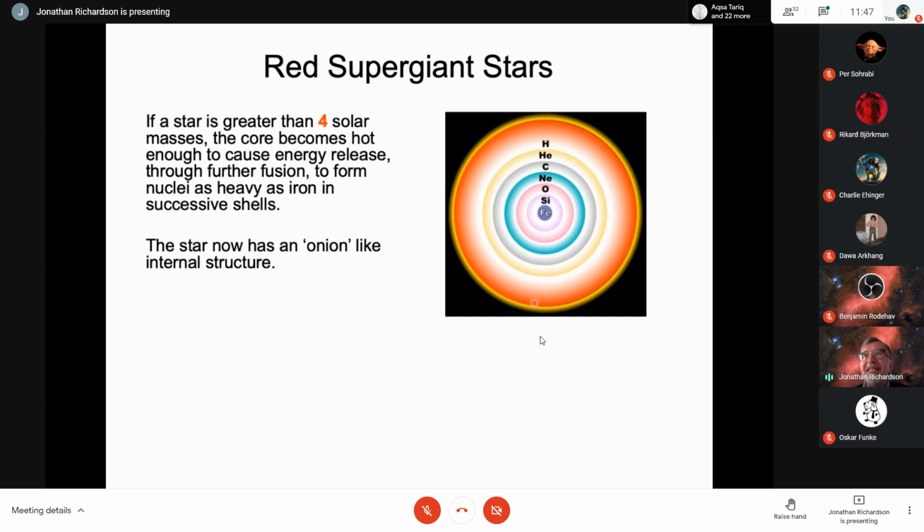So at the center, the hottest part here, we have the fusion of atoms to form iron, silicon, oxygen, neon, carbon, helium, and so on. So we get these formations in rings where the temperatures and stability of these types of atoms are formed within the dying star.